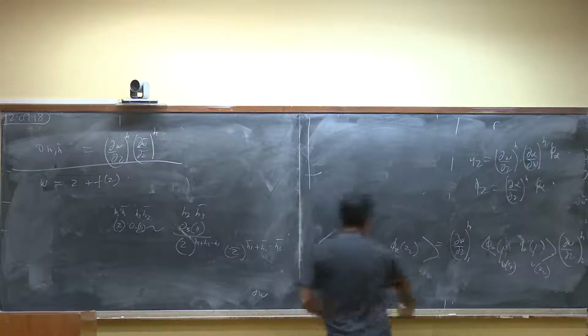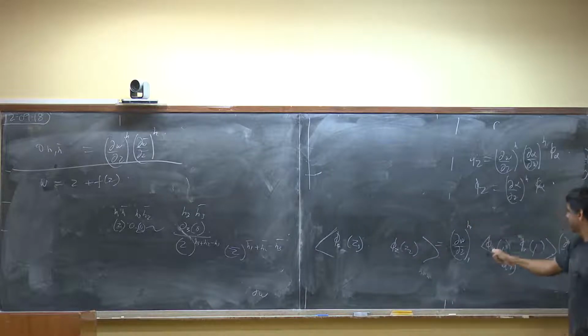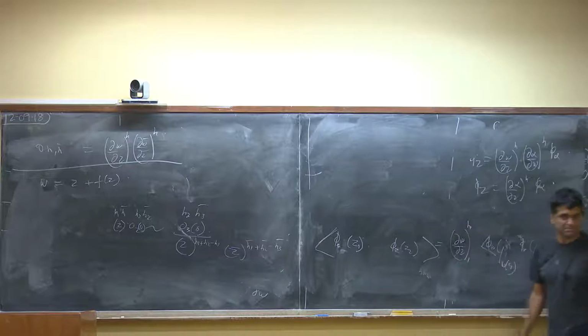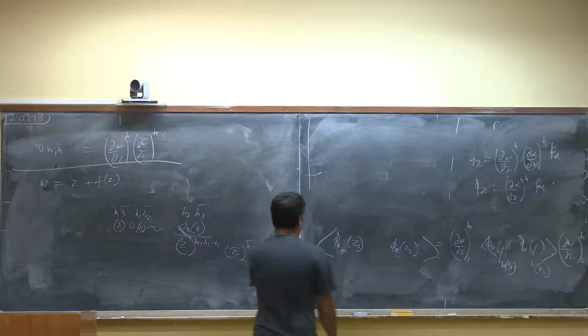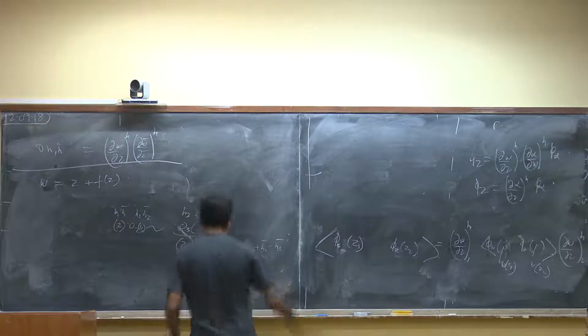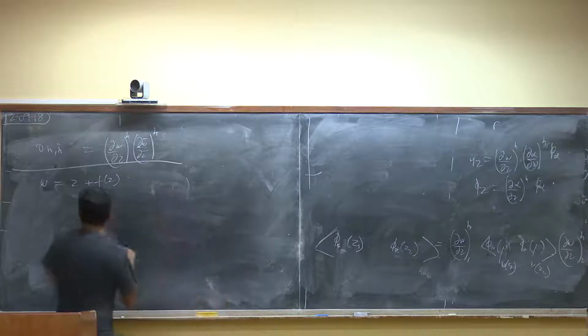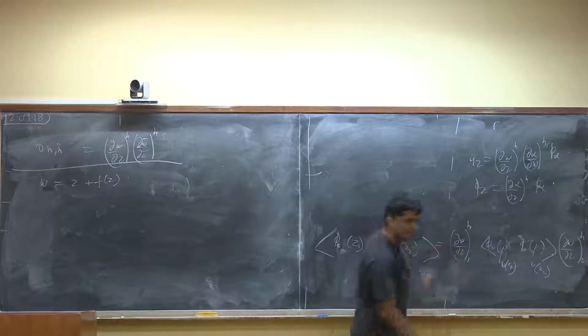So now, what is the difference between this insertion and this insertion? Because this f here is infinitesimal, I'm going to expand everything infinitesimally.